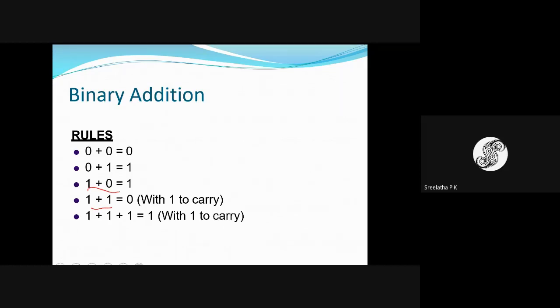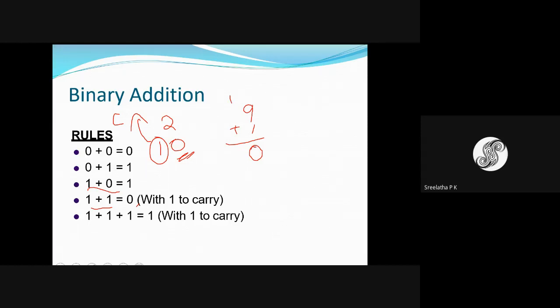So 1 plus 1. 1 plus 1 is 2. Correct? So 2 is nothing but 1, 0 in binary. So 1, 0 means 0 is the value and 1 is carried. Okay. So if I have 9 plus 1, that is 10. So you put 0 and 1 is carried, correct?